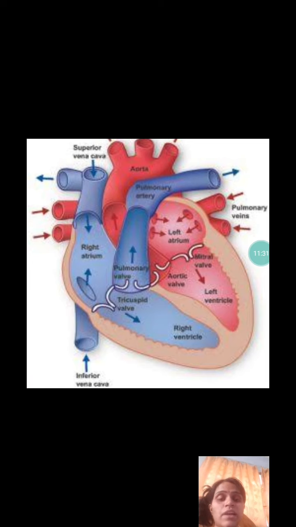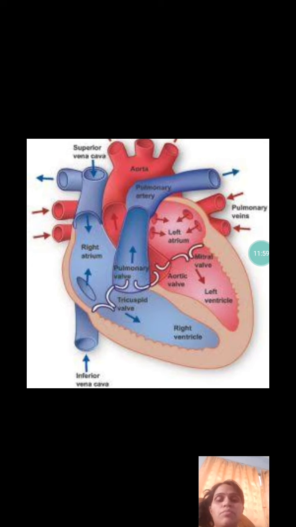When pressure is exerted in the left atrium, the bicuspid valve or mitral valve opens, and the blood comes to the left ventricle. From the left ventricle it goes to the aorta, and the oxygenated blood flows to the different parts of the body.